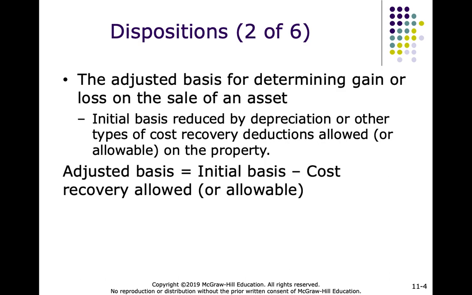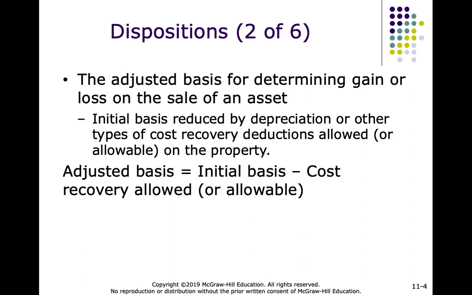In terms of adjusted basis, we're talking about the initial basis, which could be the purchase price of the asset plus improvements, installation, whatever other costs we had to put the asset to use.